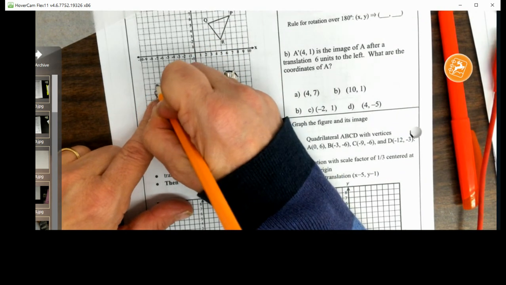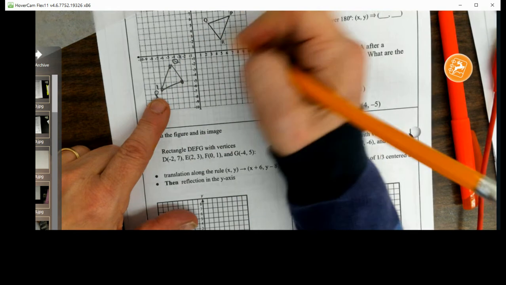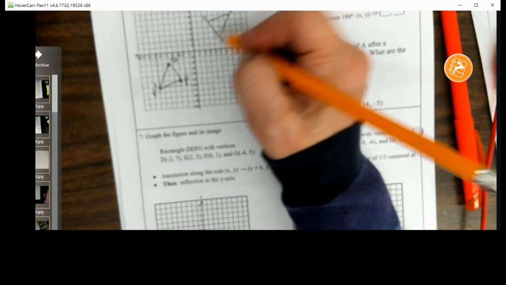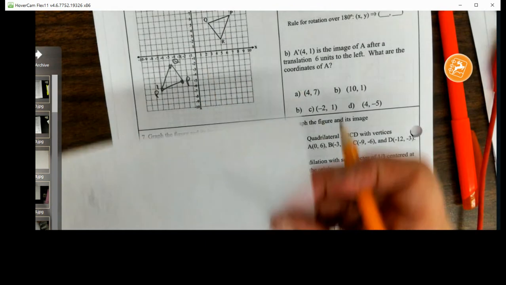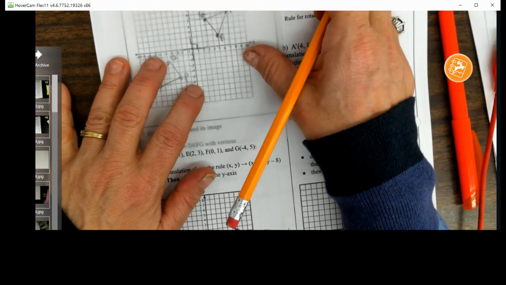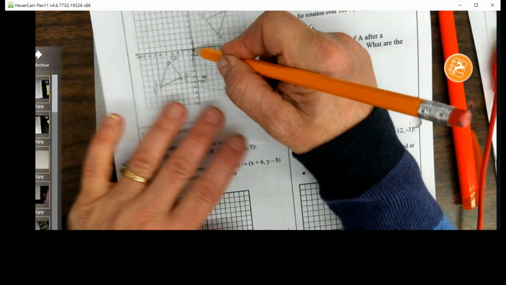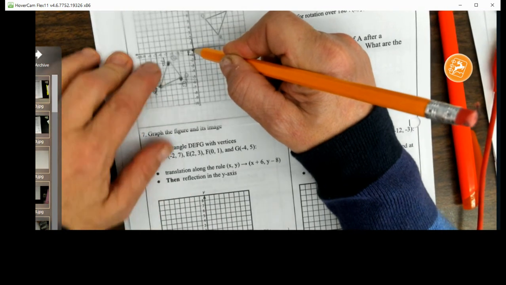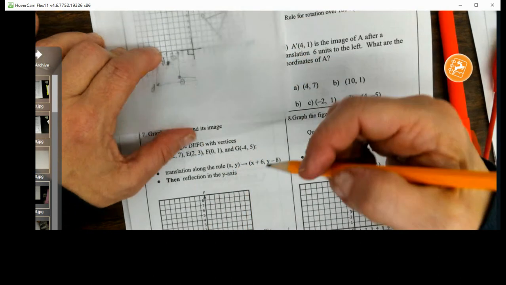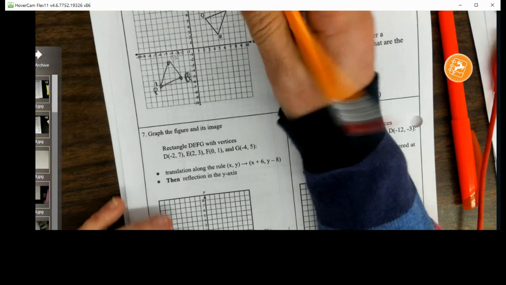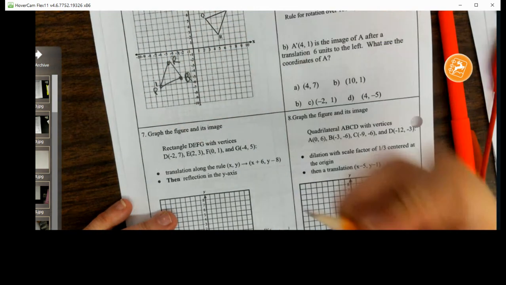And I have my P prime, my Q prime, and my R prime, and we're just going to verify that. So I'm starting up here, PQR, here's 90, here's 180, and this is my P prime. This is my Q prime, and this is my R prime. Okay?